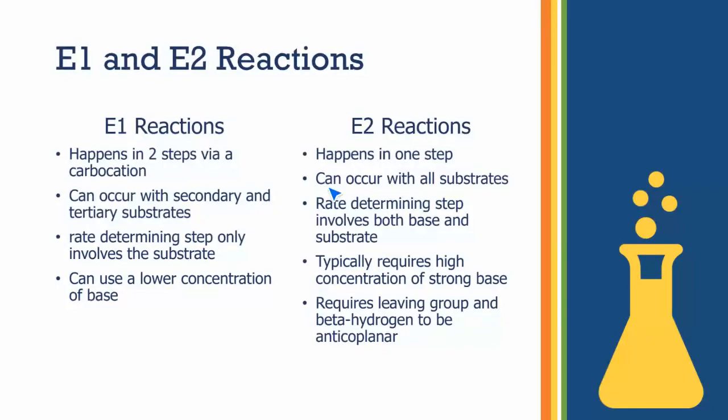So we can have an E2 reaction with all substrates. The rate determining step involves both a base and a substrate, which means it's bimolecular, E2. We need a high concentration of a strong base for E2. And like I said, the leaving group and the beta hydrogen have to be anticoplanar for this to occur.